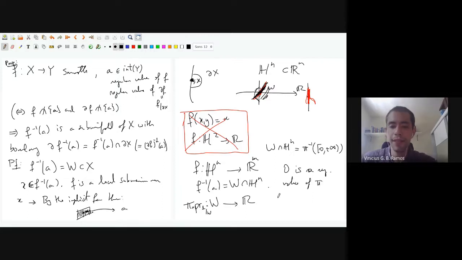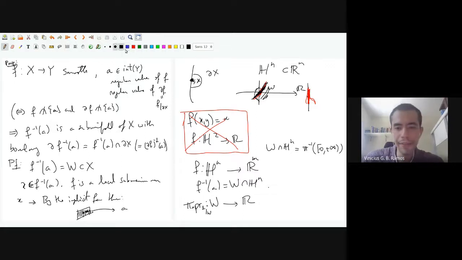0 is a regular value of pi if and only if, well, okay, what I want to say is the following.